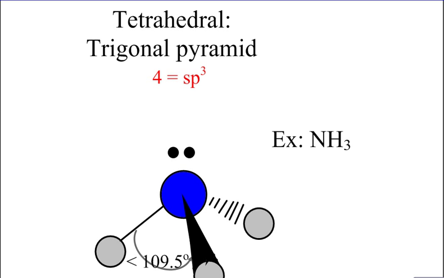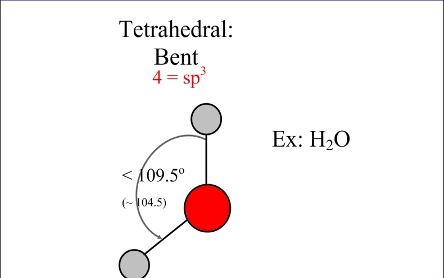So the bond angle of, say, ammonia would be like 107.5. If we remove another bond and replace it with a lone pair, like in the case of water, and I'm sorry my lone pairs aren't here, let me fix that really fast. There we go. We now have 2 lone pairs, but we still have 4 sites of electron density. Hybridization stays the same.